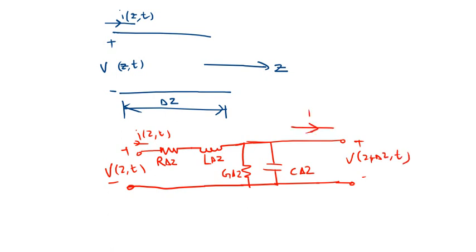Here the current is I(z,t), and here the current is I(z plus delta z, t). Why is it like this? Because the length of this line is delta Z, and current and voltages depend on length. This is the typical transmission line scenario.